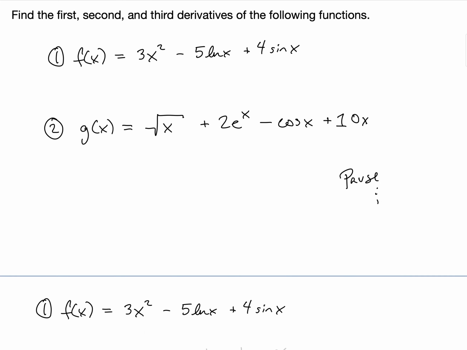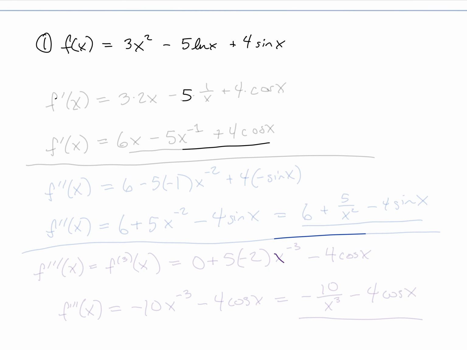All right, so for our first derivative of f of x, that's f prime of x, is equal to the derivative of 3 times x squared. We can use the constant multiple rule, and then the derivative of x squared is 2x. Minus 5, again constant multiple rule, the derivative of natural log of x is 1 over x, plus 4 times the derivative of sine x, which is cosine of x.